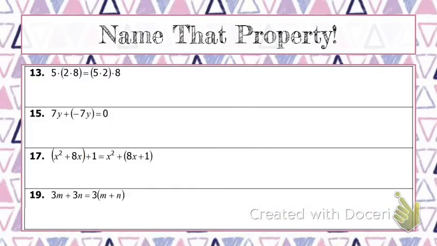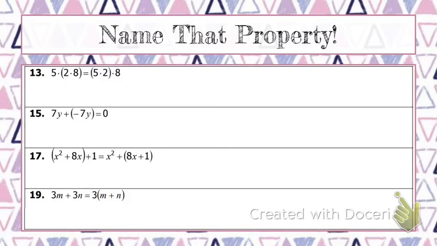Let's name that property. So, let's look at number 13. First of all, we know that this is a multiplication property because it doesn't have any addition in it. So, now we just need to figure out which property of multiplication that it is. Whenever we see stuff in parentheses, my first thought is to consider the associative property.